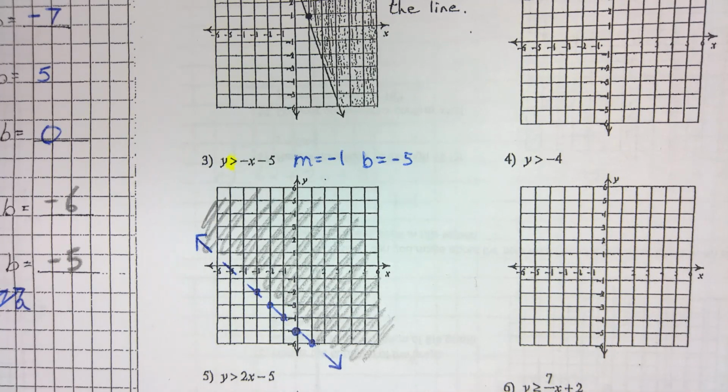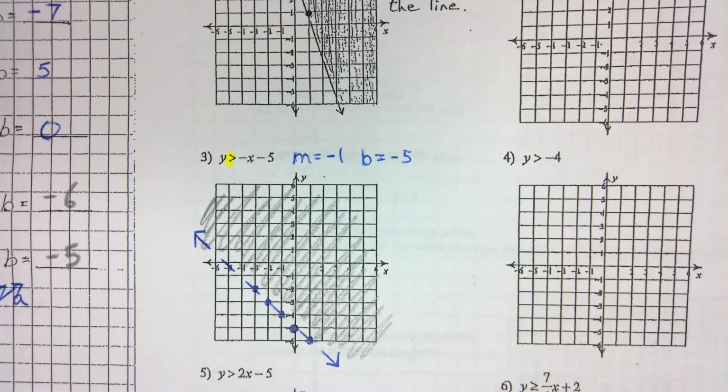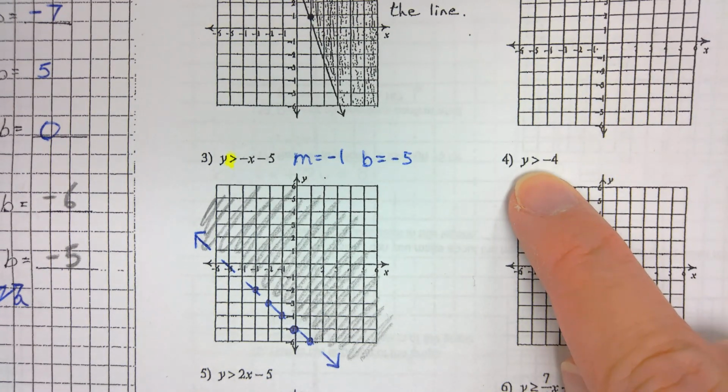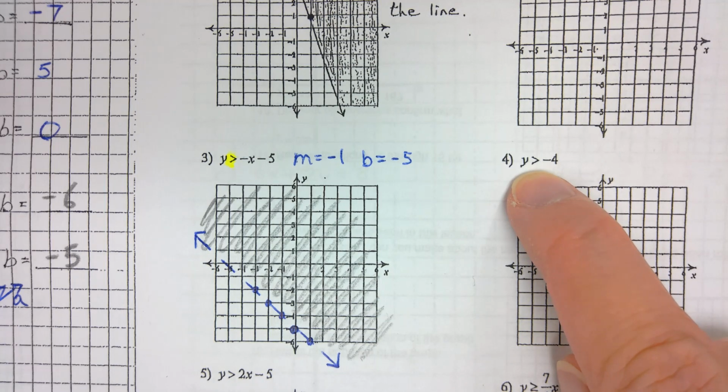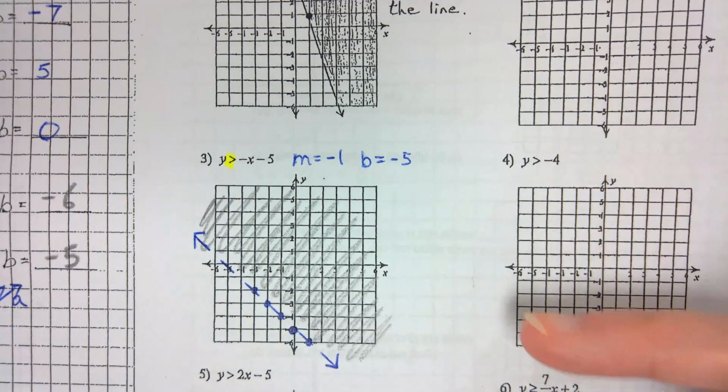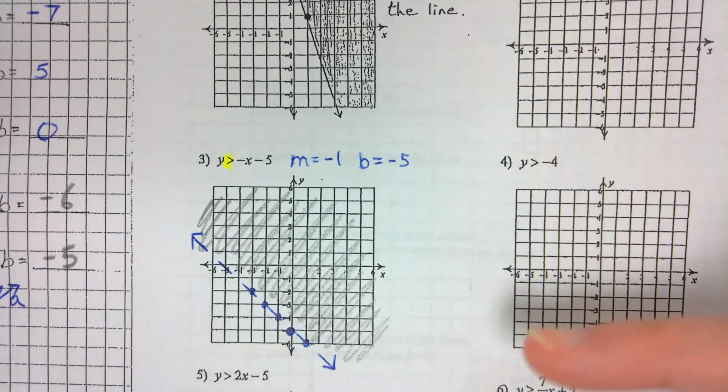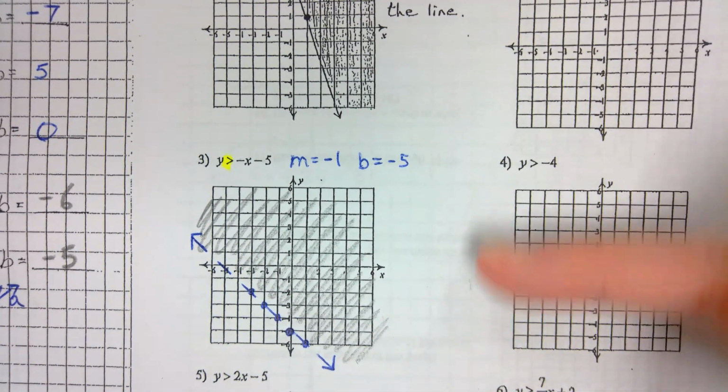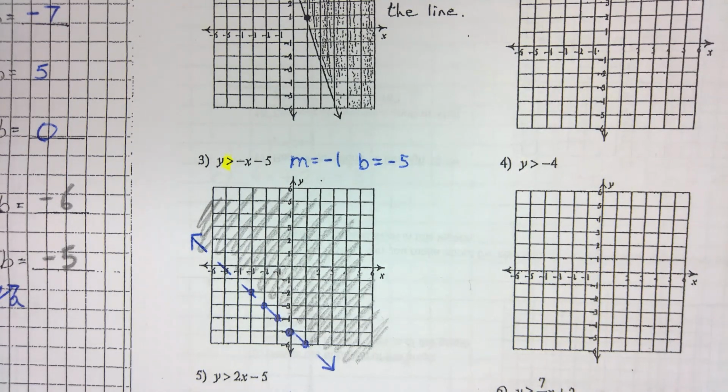All right. Y is greater than -4. What type of line is that? Is that horizontal or vertical? Horizontal, right. So I have a horizontal dotted line, and I'm shading everything above that.